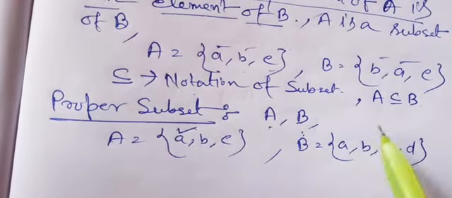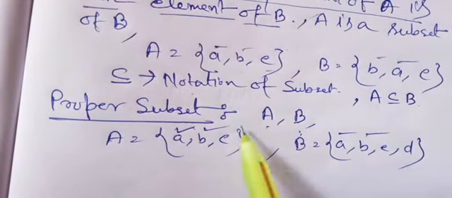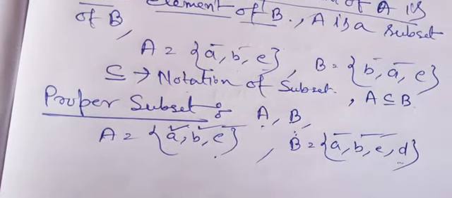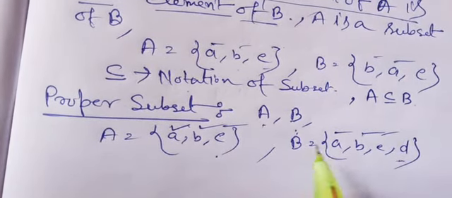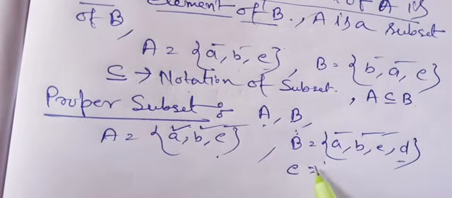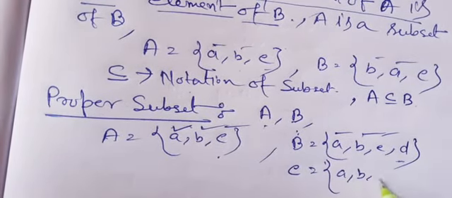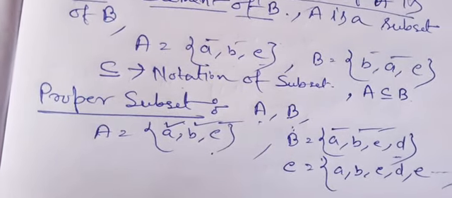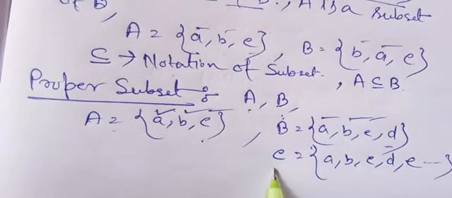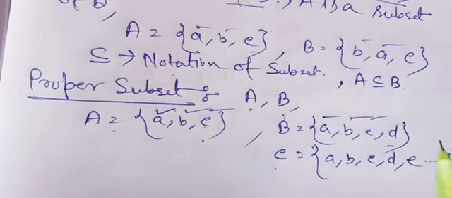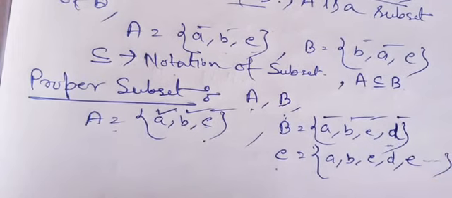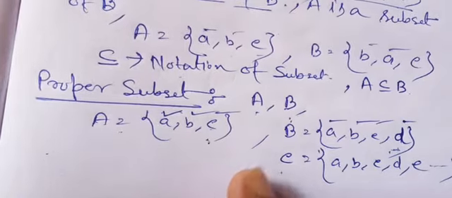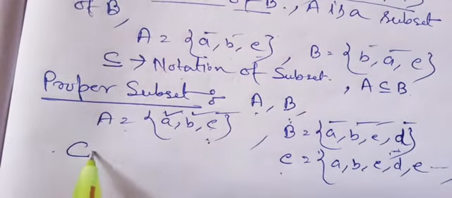Here a, b and c are present in B, but d is not present in A, so at least one element is missing. If we take another set C equal to {a, b, c, d, e, ...}, we can also say that A is a subset of C, but here d is not in A. So we can say that A is a proper subset of B, and this is the notation.